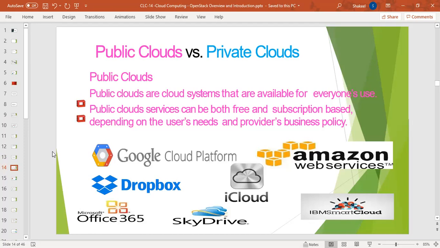Now let's discuss public clouds versus private clouds. Public clouds are cloud systems that are available for everyone's use. Public cloud services can be both free and subscription based, depending on the user's need and the provider's business policies. There are a number of cloud providers like Google Cloud Platform, Dropbox, Office 365, SkyDrive, iCloud, IBM SmartCloud, and Amazon Web Services.